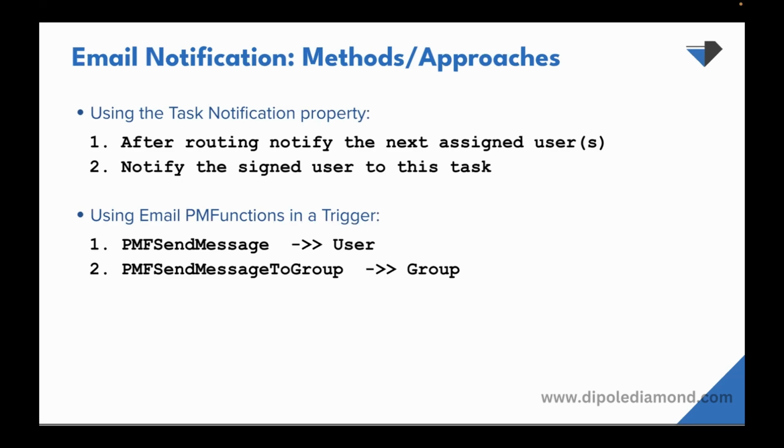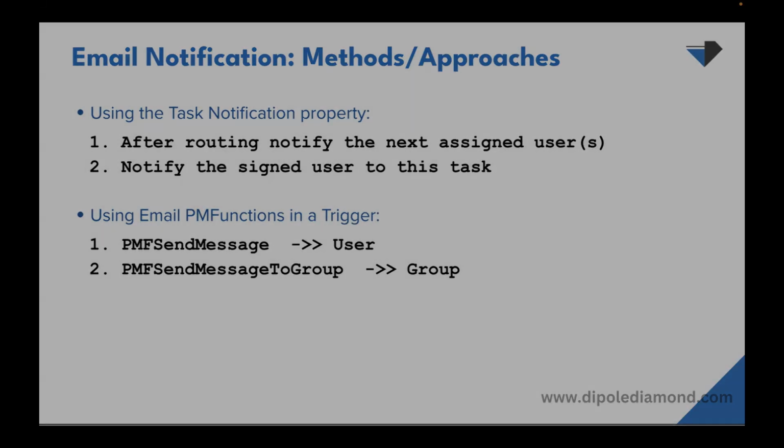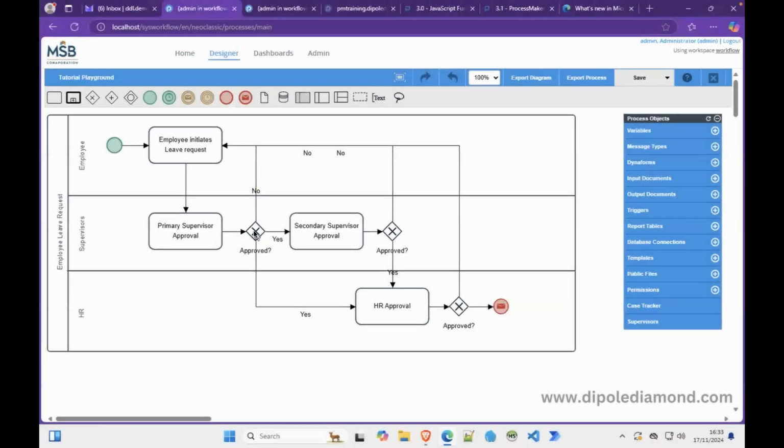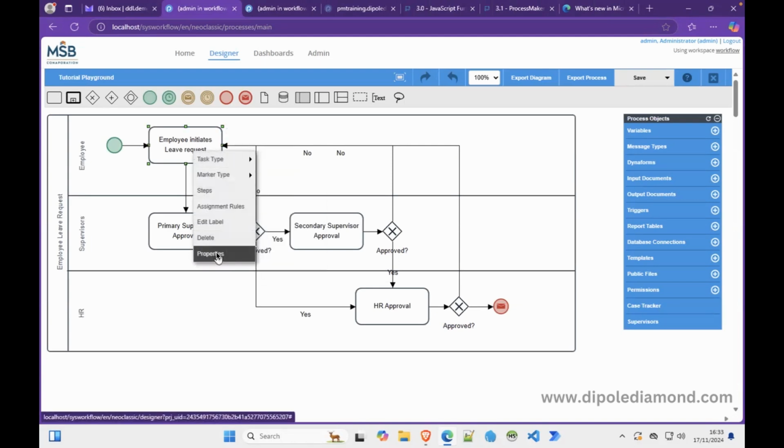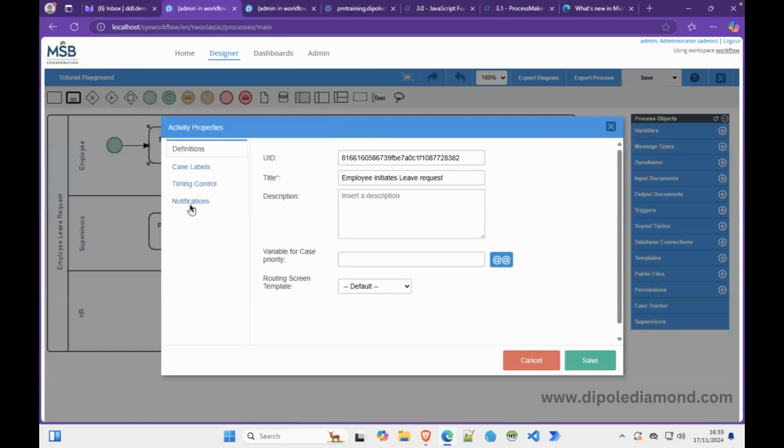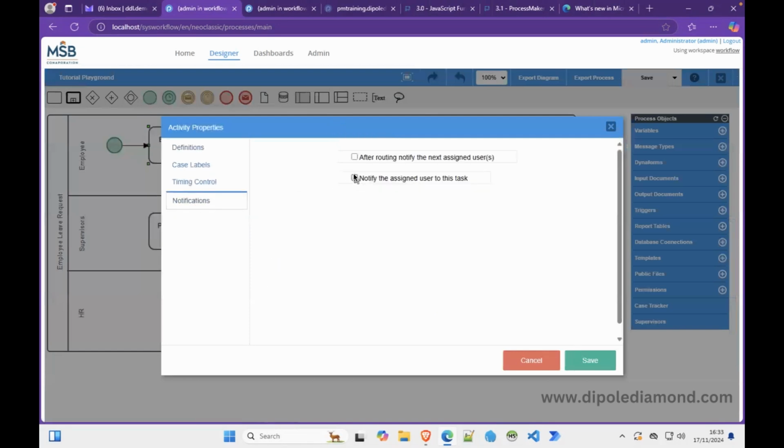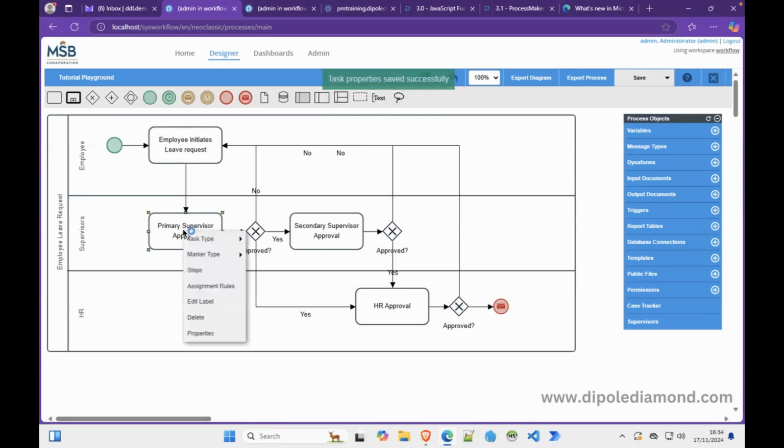So to demo this, let's go to our process. This time around, we're going to go to our properties and disable the notification property we had set before. Let's do the same here.